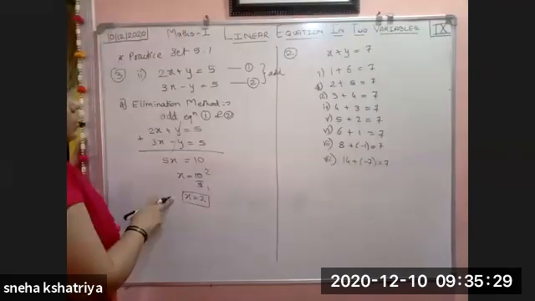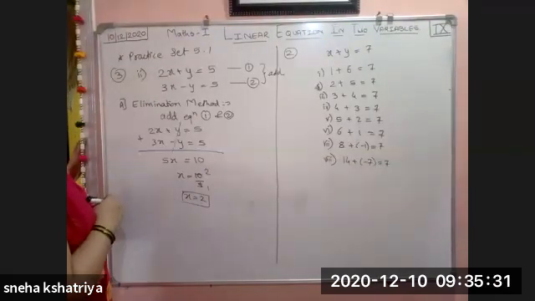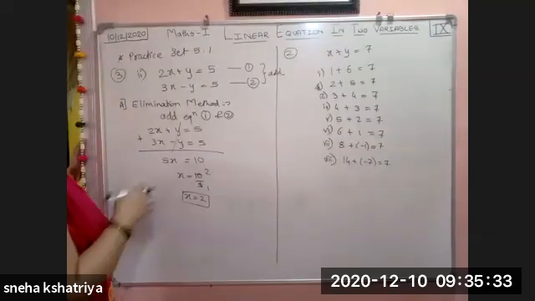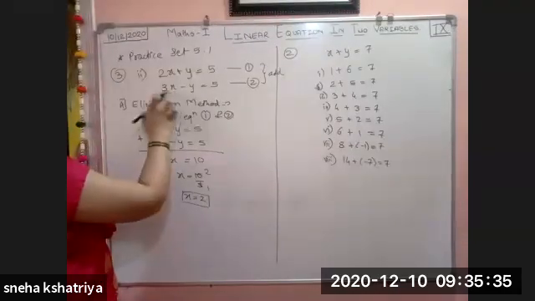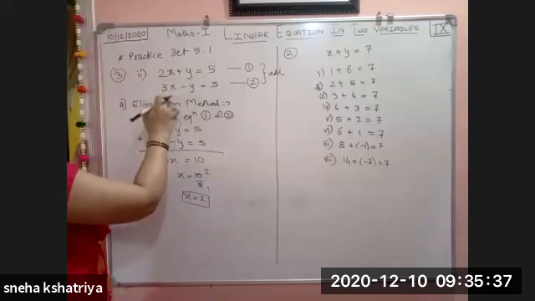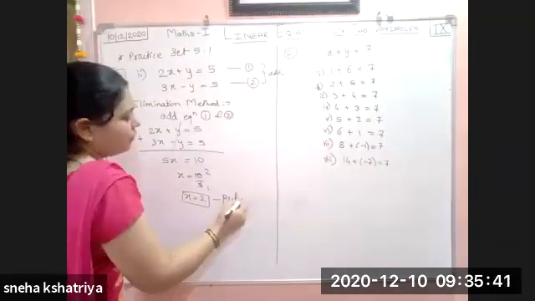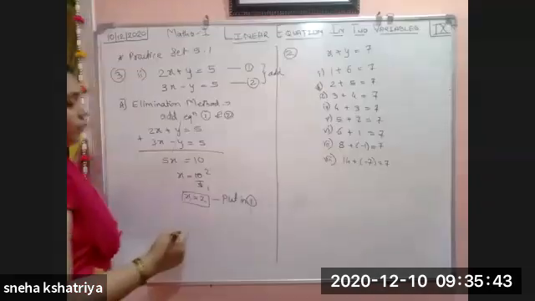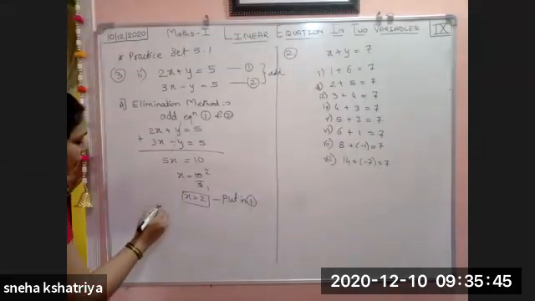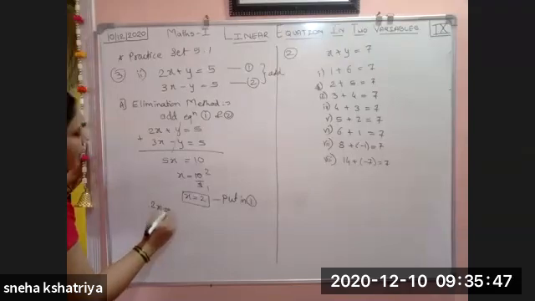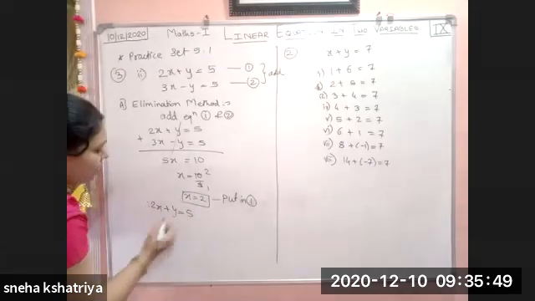Now put the value of x in any one equation. Which one is easier? Everywhere you have to multiply x with some number, so you can take either 1 or 2. So we will take equation 1. Equation 1 will become 2x plus y is equal to 5.